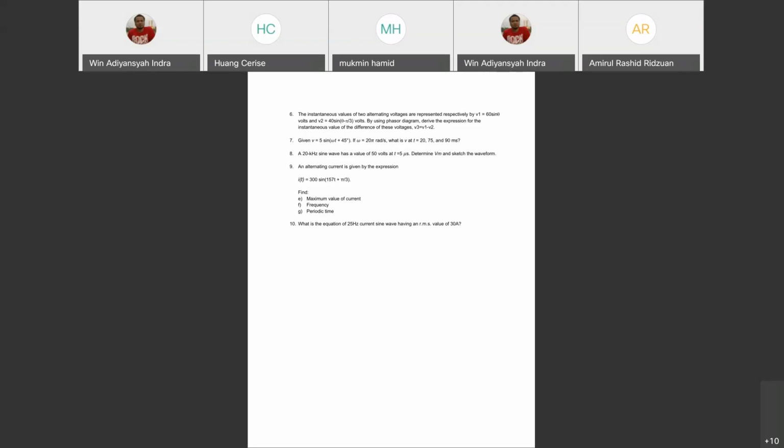A 20K sine wave has a value of 50 volt at 5 microsecond. Determine Vm and sketch the waveform. You have to find the V maximum first and then sketch the waveform.